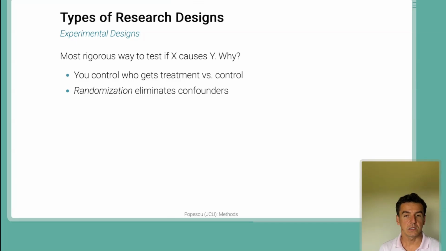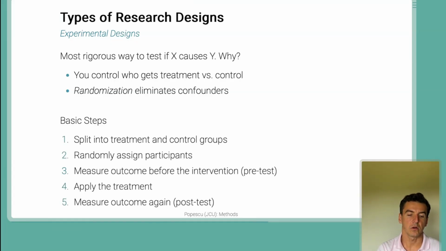The reason why this is valuable is because of randomization. In other words, you get to randomize who gets into the control and who gets into the treatment, meaning there won't be any confounding. You're making sure that it's by random chance that people get selected into the treatment group versus the control group.